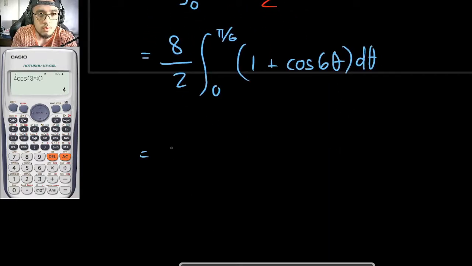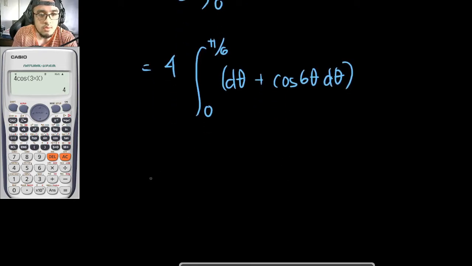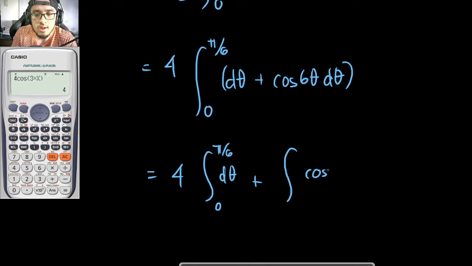So this is equal to 4 times the integral of 0 to pi over 6 d theta plus cosine 6 theta d theta. What I did here was just to distribute this d theta here. So from that, this is now equal to 4 times the integral of d theta 0 to pi over 6 plus the integral of cosine 6 theta d theta 0 to pi over 6.